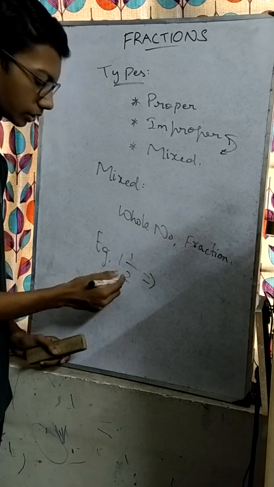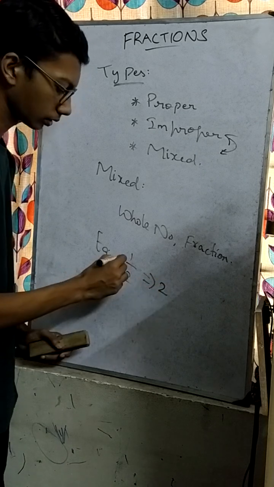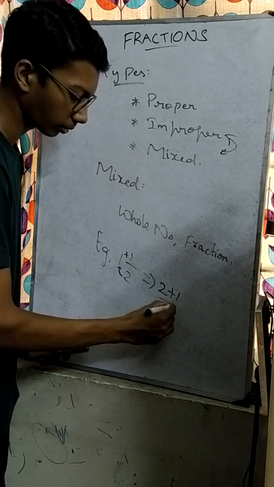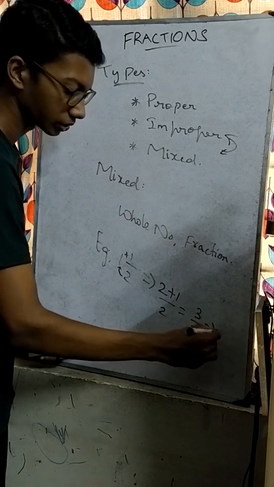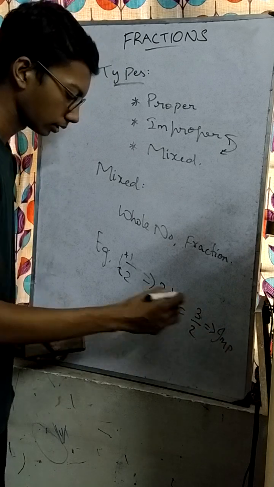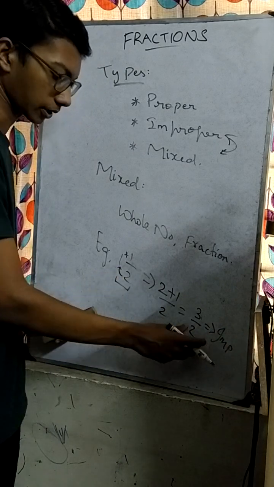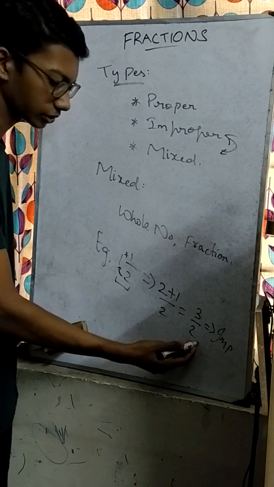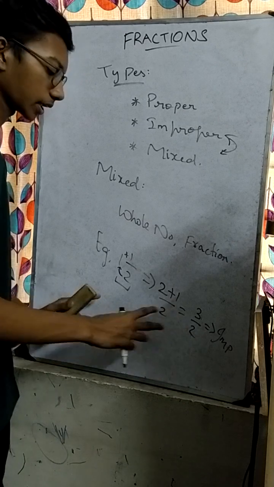How we can write this is 2 times 1 gives 2, add this 1, and then keep the denominator the same. So 3 by 2. Now this is an improper fraction. We have changed this mixed fraction into an improper fraction. We can do it the other way also, that is make an improper fraction into a mixed fraction. So mixed fraction and improper fraction are interchangeable.